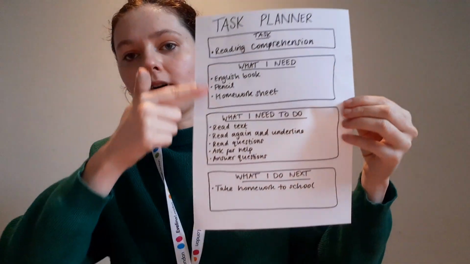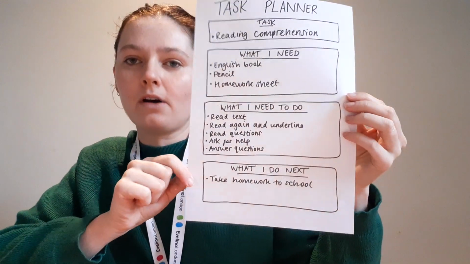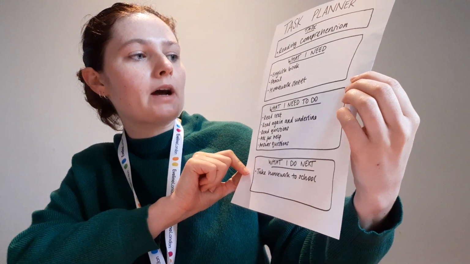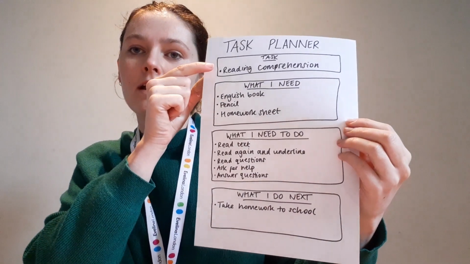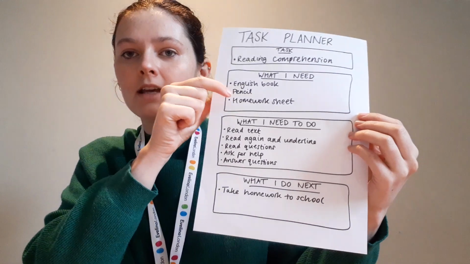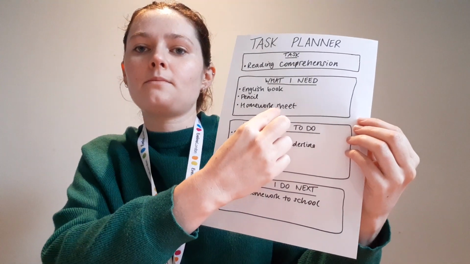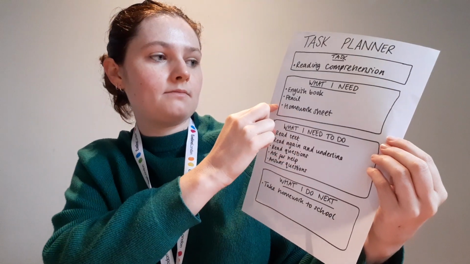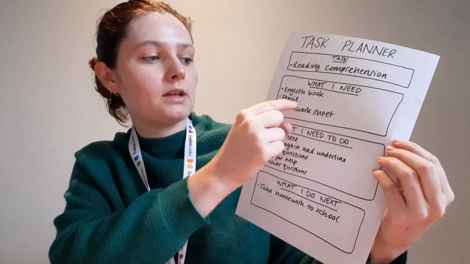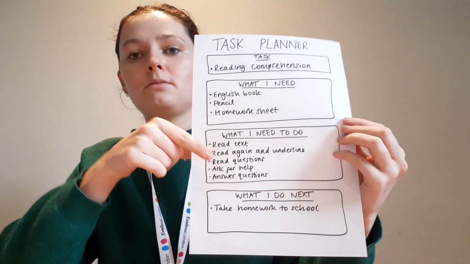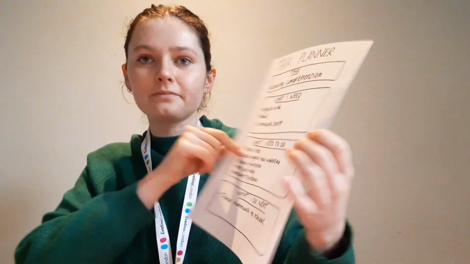So we now have our completed task planner for our reading comprehension homework. As your child works through each section, they can cross out or tick off everything they've done. Once they've got their English book, their pencil and their homework, this first section is complete and they'll know to move on to the next section.